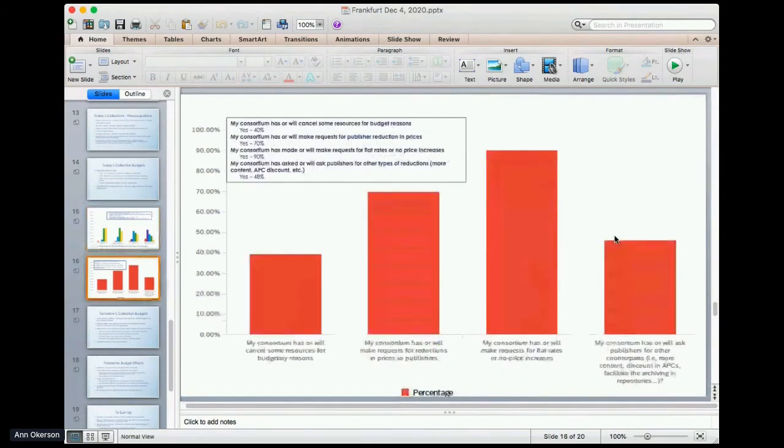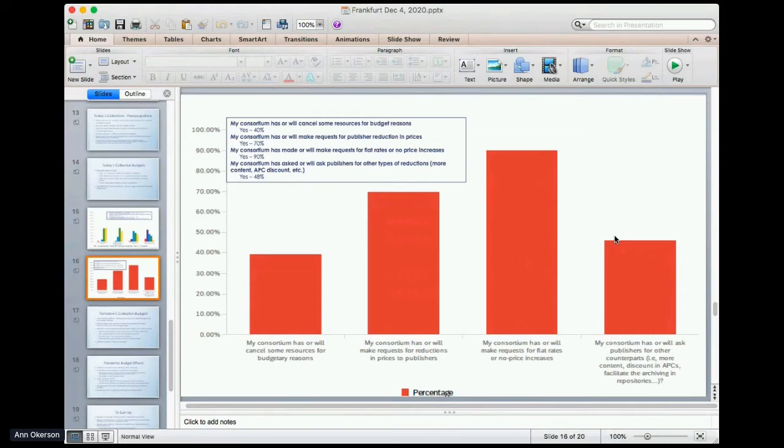We asked 4 other questions at the consortial level. My consortium has or will cancel some resources for budget reasons. The answer was yes, 40%. My consortium has or will make requests for publisher reduction in prices. The answer was 70% yes.